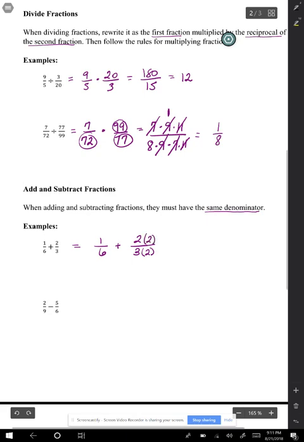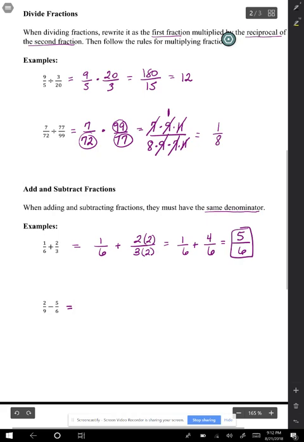And what I'm actually multiplying by here is 1, because 2 over 2 is 1. So I will rewrite this as 1 over 6, and then that would become 4 over 6. Once you've done that, you keep the denominator and you add the numerators. So 1 plus 4 would be 5, and then we would keep the 6. So our final answer would be 5/6.